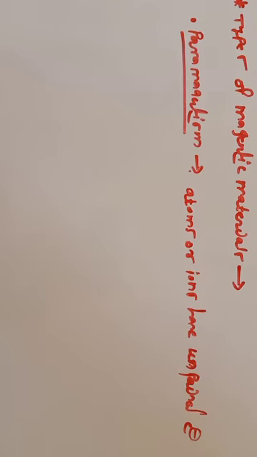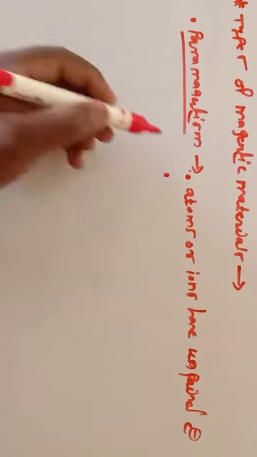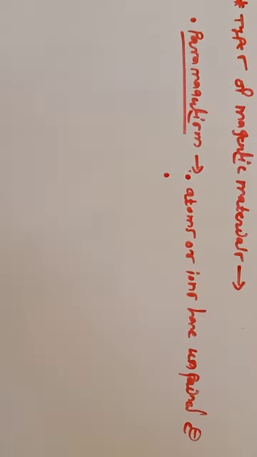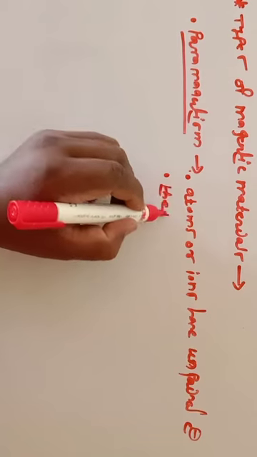That means each atom in paramagnetic substances has a small net magnetic moment. So this is the first important point. In paramagnetic materials, atoms or ions have unpaired electrons, and due to these unpaired electrons, these substances have small net magnetic moment.